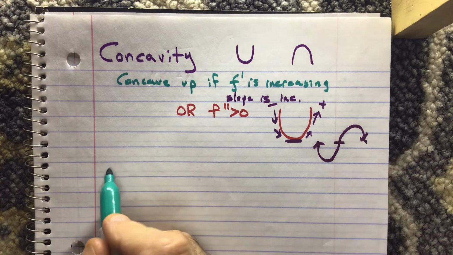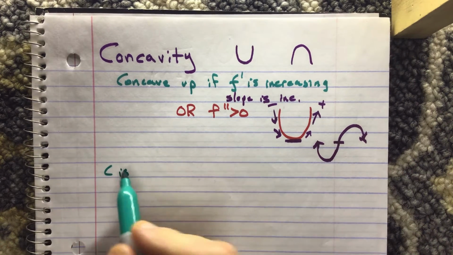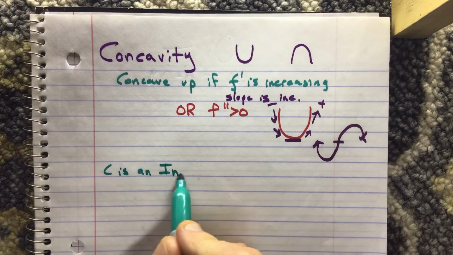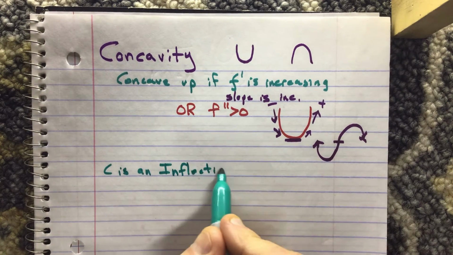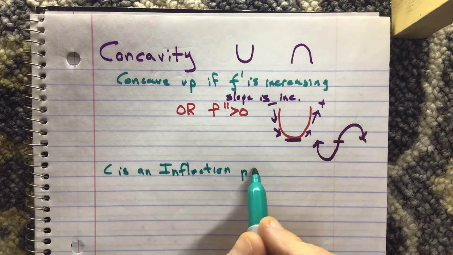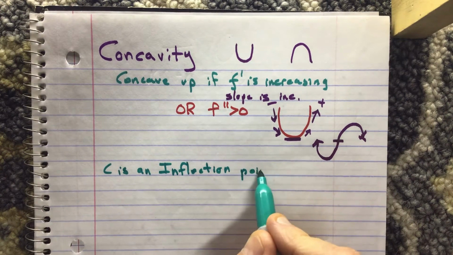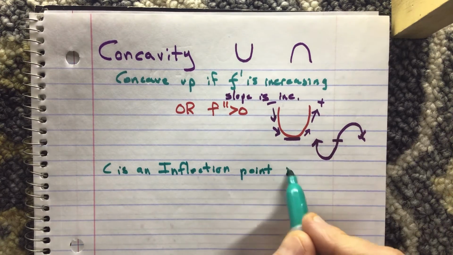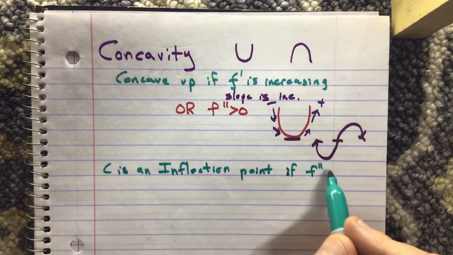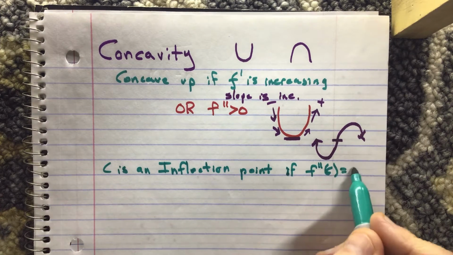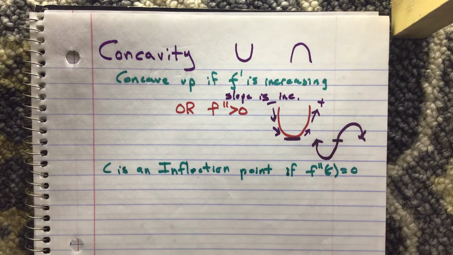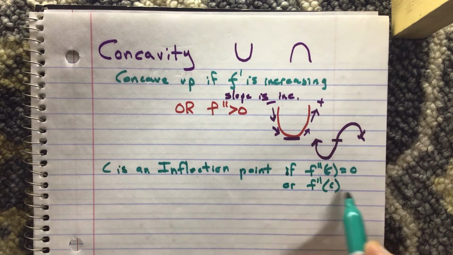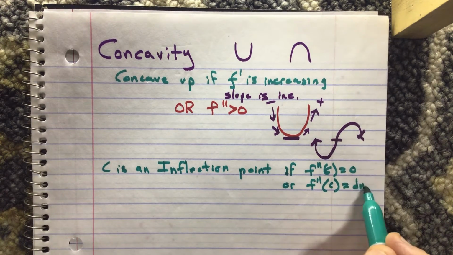So some number c is an inflection point if f double prime of c is 0. So the second derivative is 0. That's called an inflection point. Or if f double prime of c is undefined or does not exist.